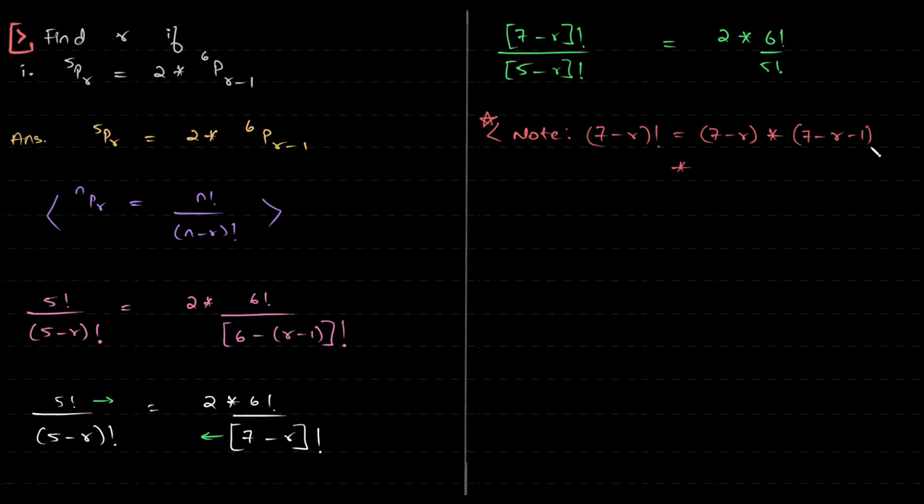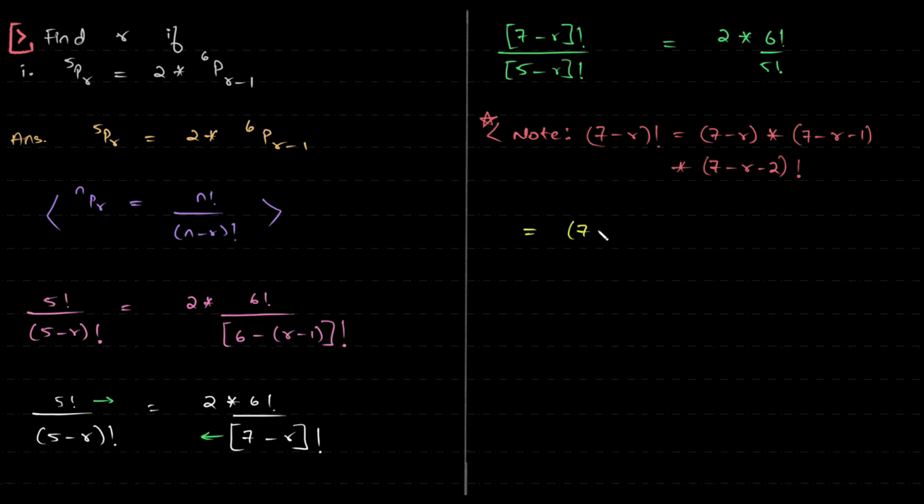And this is nothing but (6 minus r) factorial, that is (6 minus r) into (6 minus r minus 1) and so on and so forth. Is that okay? Or let me just do this, (7 minus r minus 2). Again, this expression I need to keep reducing. So first you will reduce by 1, then by 2, so on and so forth. Again, please pause and have a look.